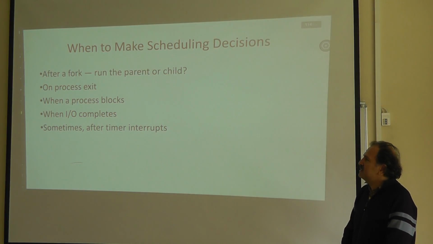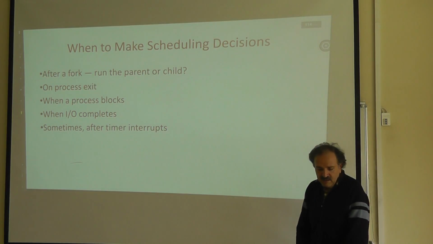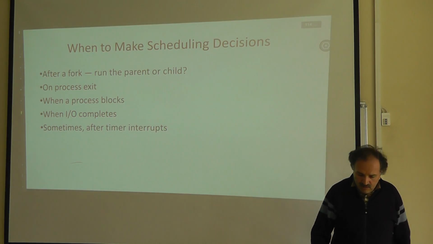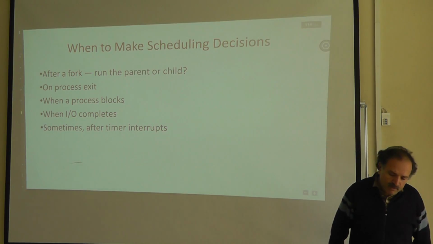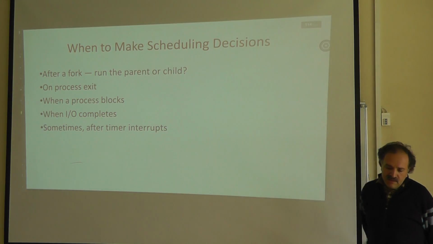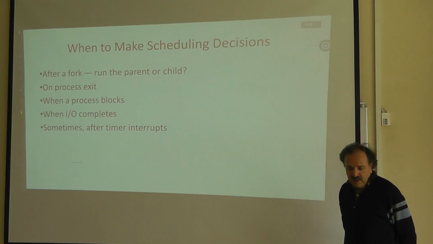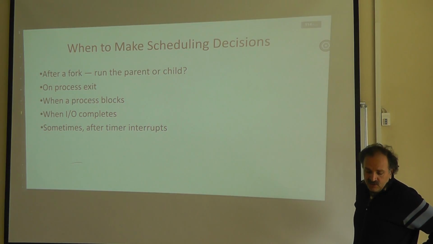When the process blocks, I need to make a decision on which process to continue. And when I/O completes, this is again another position where I need to make a scheduling decision.